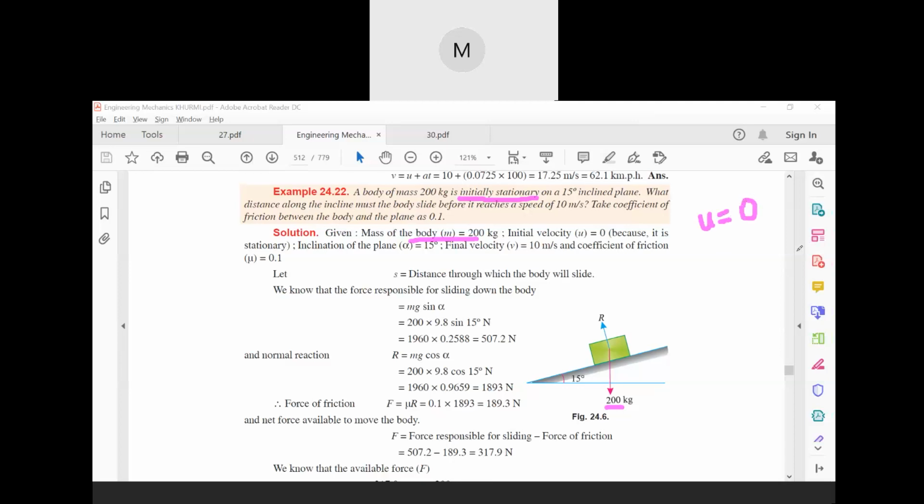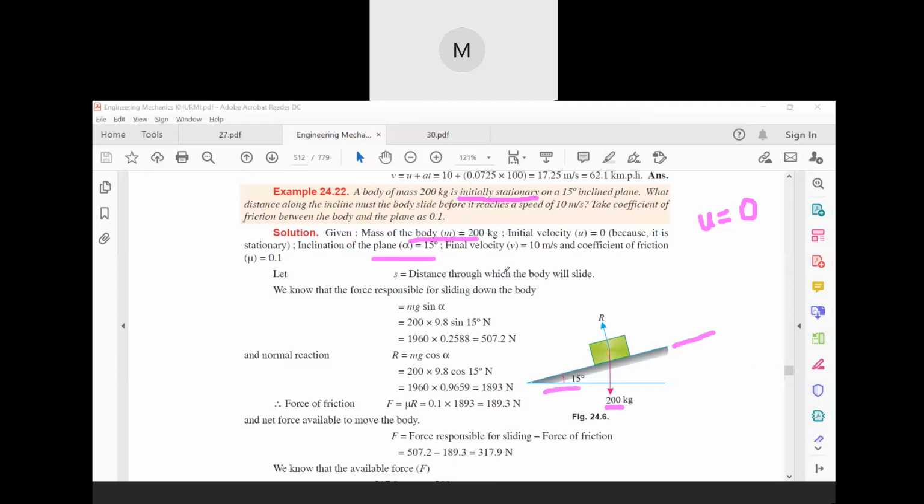If u is equal to 0, then what happens is that the inclination of the plane, that means the body is inclined at an angle alpha equal to 15. So the plane is inclined at an angle of alpha equal to 15 degrees.